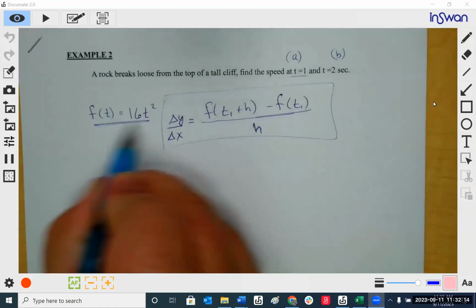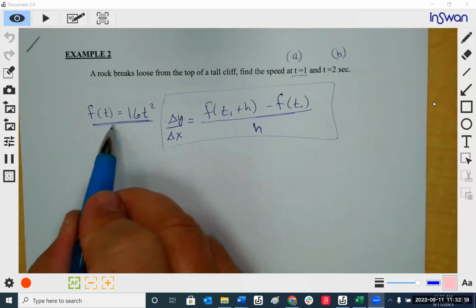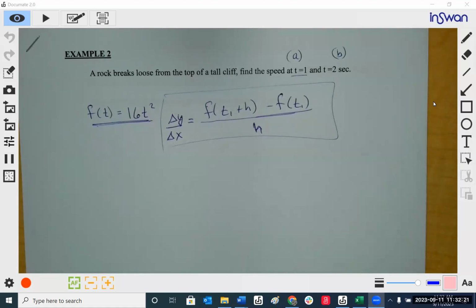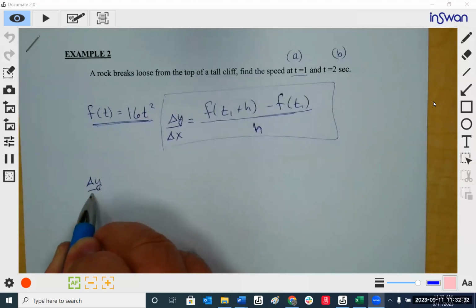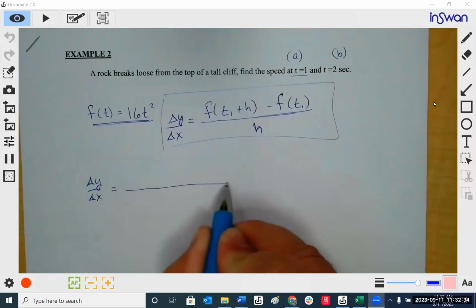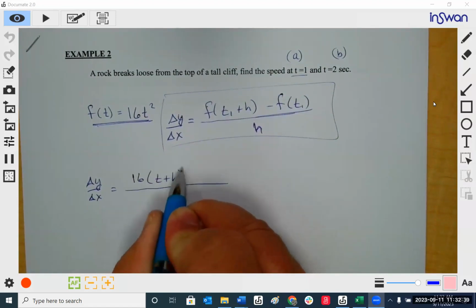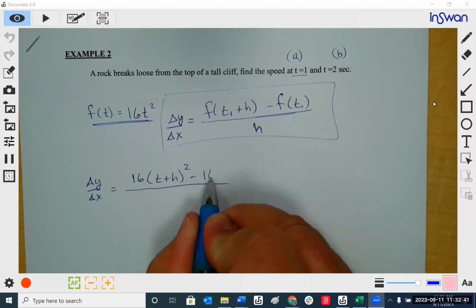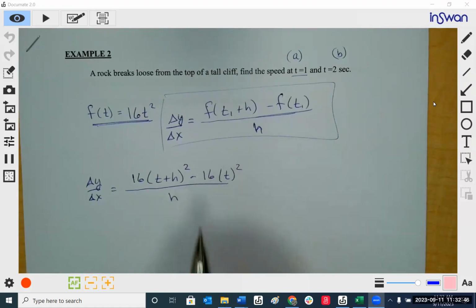Now, in our case, we have 16t squared since we're going to use the SAE system, the non-metric. So this equation, delta y over delta x, will become 16 times (t plus h) squared minus 16t squared, all over h.